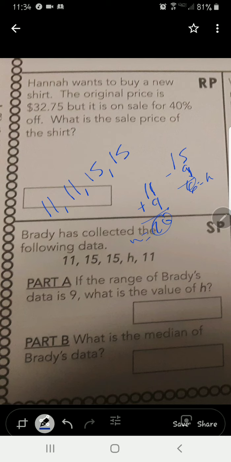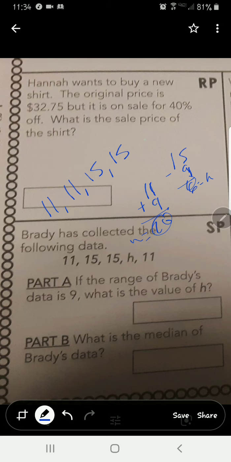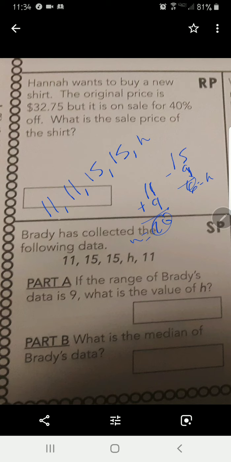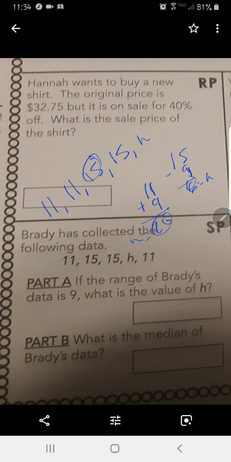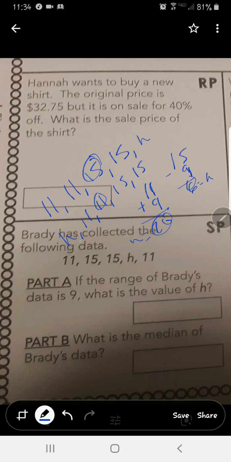Well, actually, yeah, it would. 15 would be the median if h is 20, and 11 would be if it was 6.